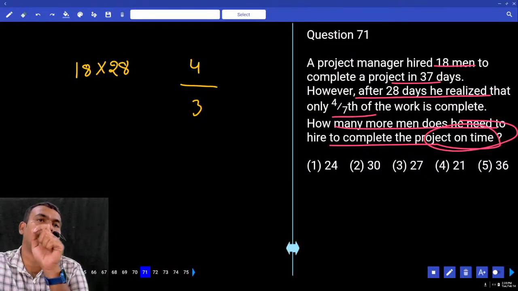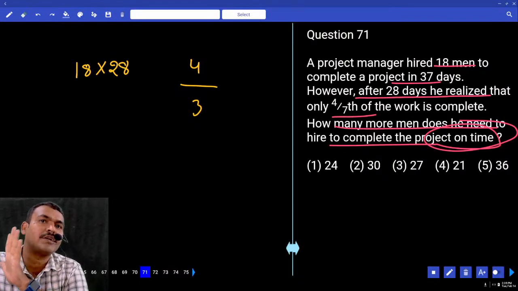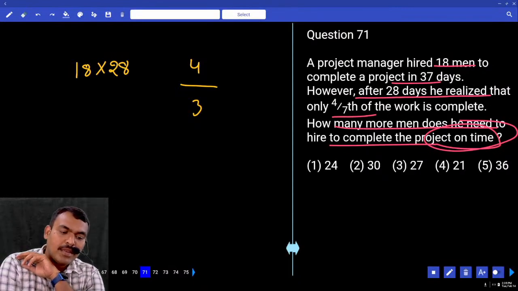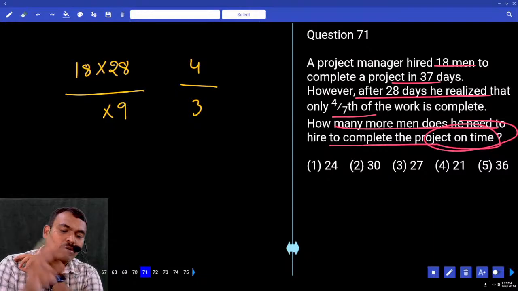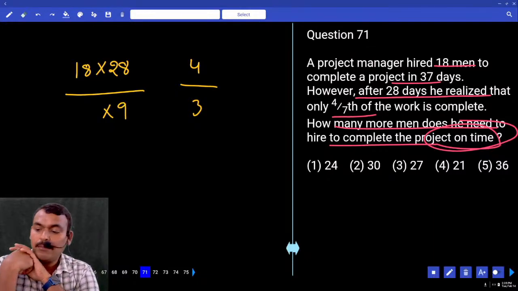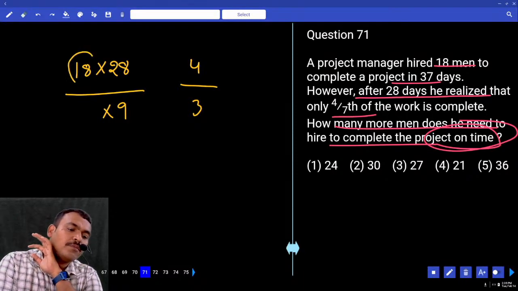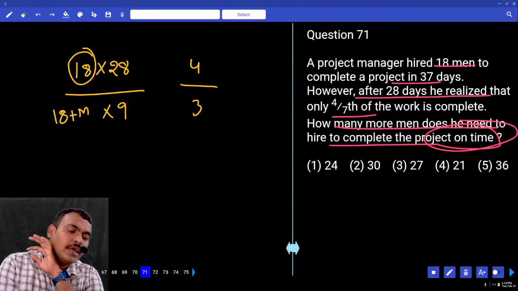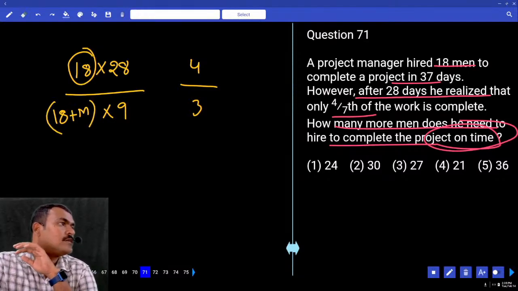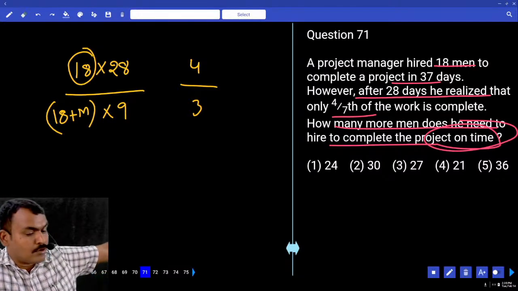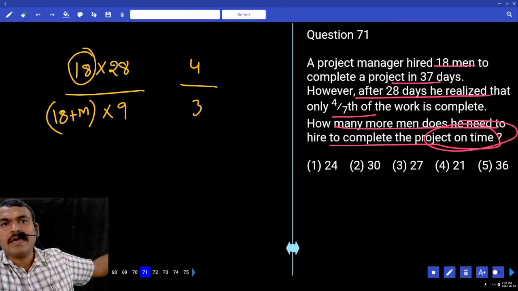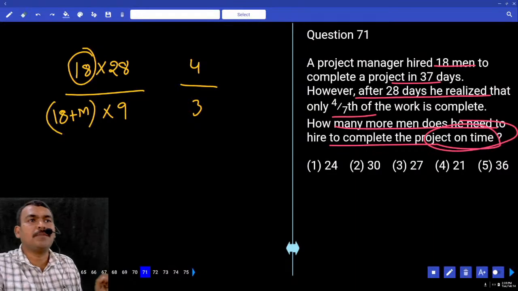Remaining 9 days, the remaining work must be completed. What is the remaining work? 3 parts. But your question is how many more men are needed. Already how many men? 18. 18 plus some persons. 18 persons, 28 days work is 4 parts. 18 persons plus some persons, 9 days work is 3 parts.